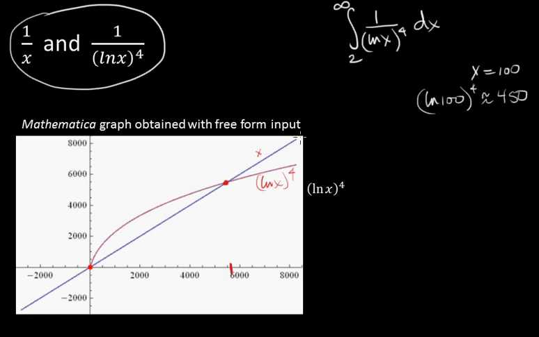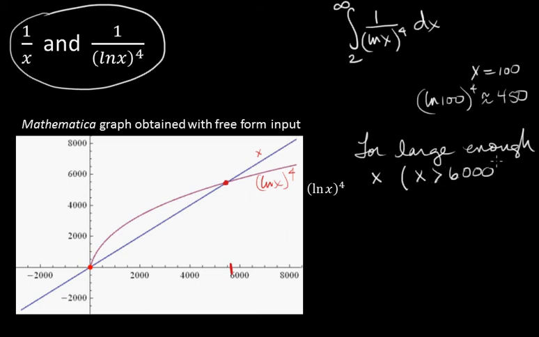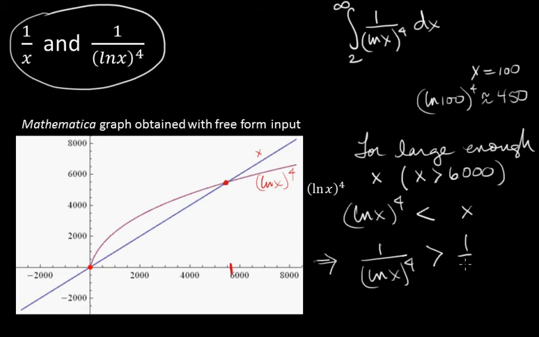It doesn't matter. So what I could say here is, for large enough x, in parentheses, let's say x greater than 6,000, we know that natural log x to the fourth is less than x, which gives us 1 over the natural log of x to the fourth is greater than 1 over x.